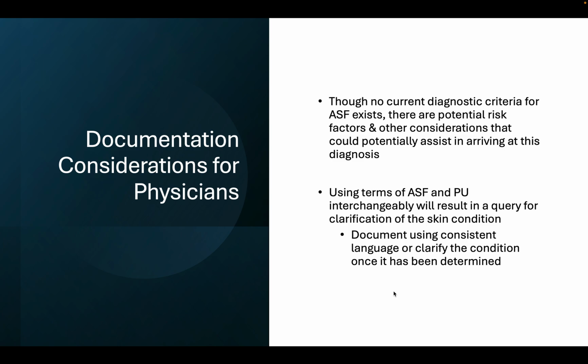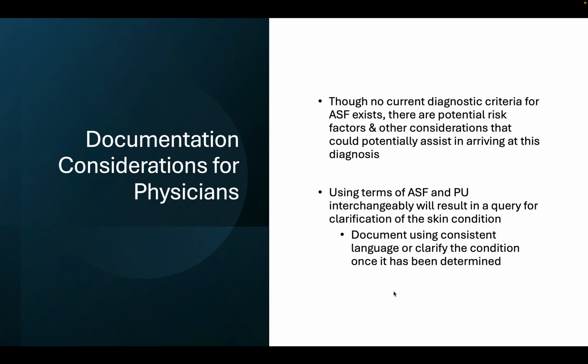Documentation considerations for physicians. Though there is no current written criteria for acute skin failure, if they continue to document that all care is provided to try to prevent skin breakdown and it is still there, then they can call it acute skin failure. Using the terms acute skin failure and pressure ulcer interchangeably will result in a query for clarification of the skin condition.